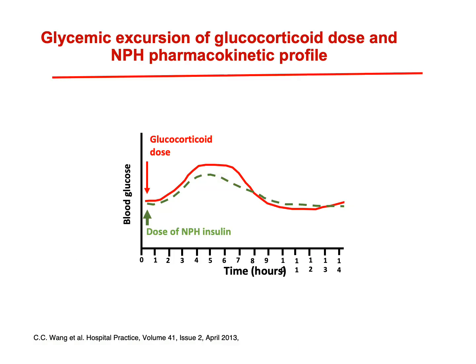The reason for the use of NPH insulin at the time of glucocorticoid dosing is because of its pharmacokinetic effect.